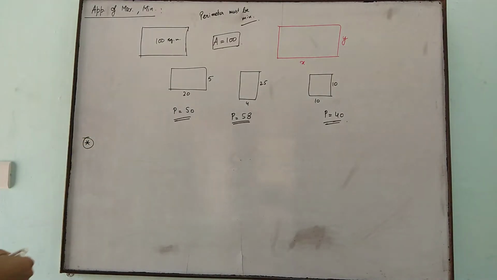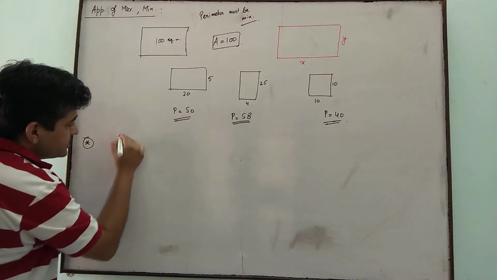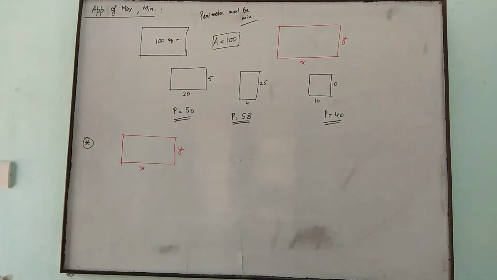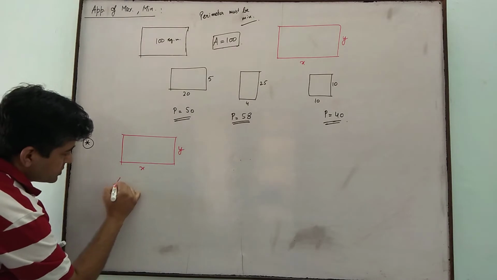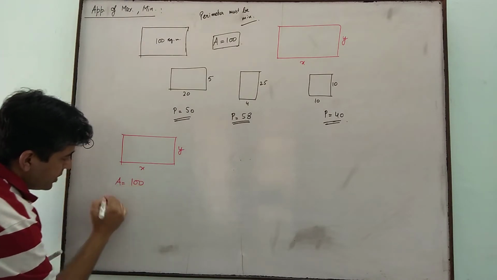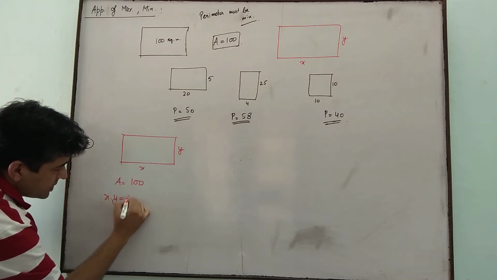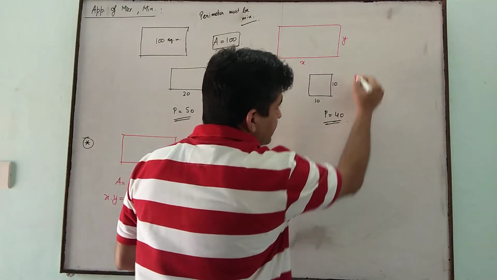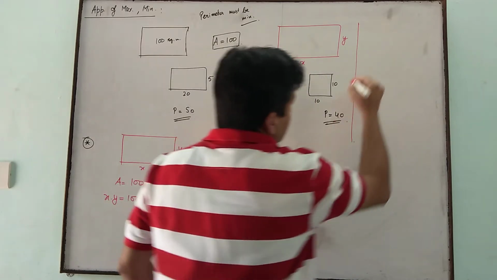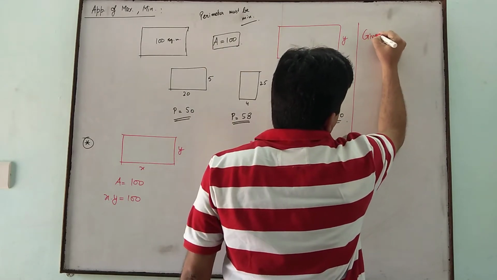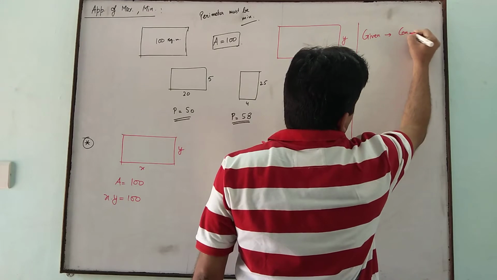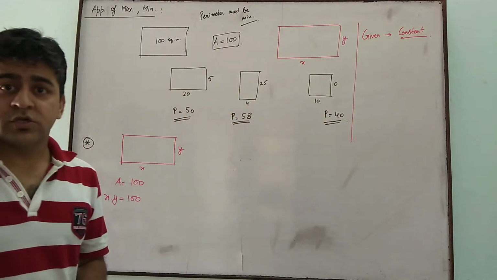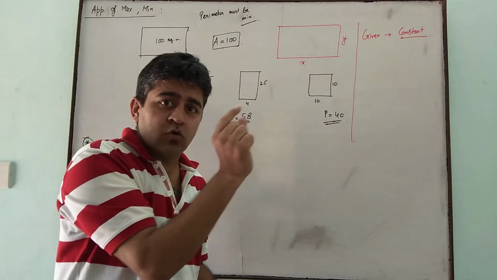See, what to do is, let us take a field whose length is x and width is y, and area given is constant, that is 100. Area, x into y, is equal to 100. See here, 2-3 things you need to note down. Whatsoever is given, that you consider always a constant. Whatsoever is the given quantity, that is always a constant quantity.